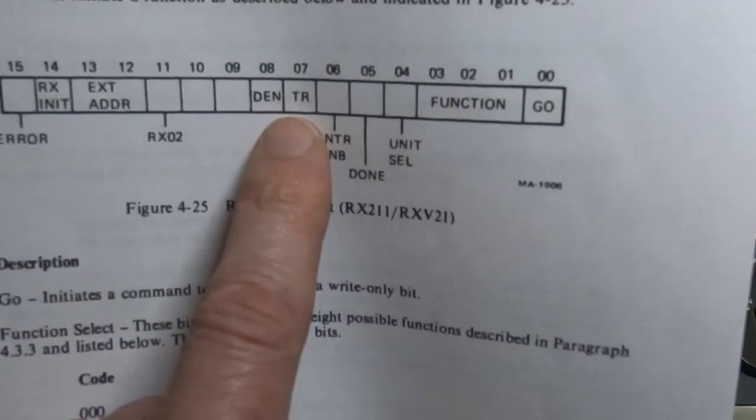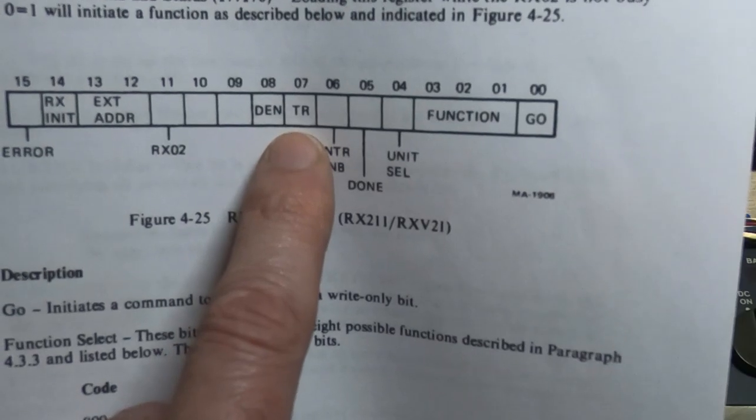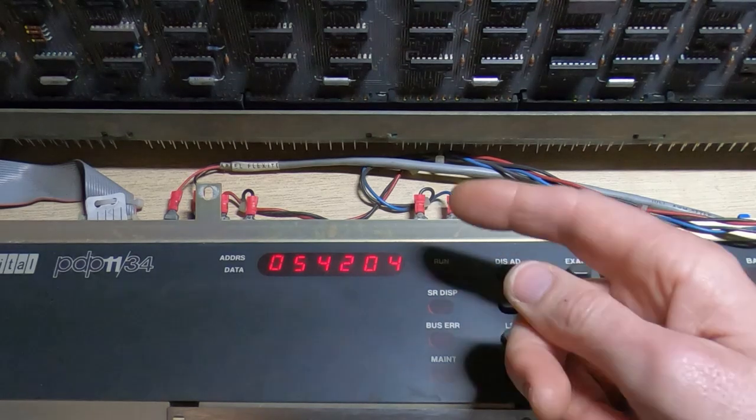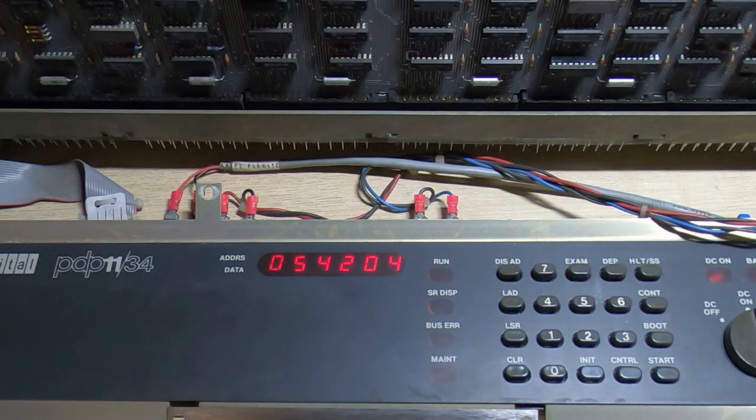So in this case it's waiting now for the first value for us to send, and the value it's waiting for is the sector address that we want to write to. But it's the next register, the 777172 register, that we need to write that value to.